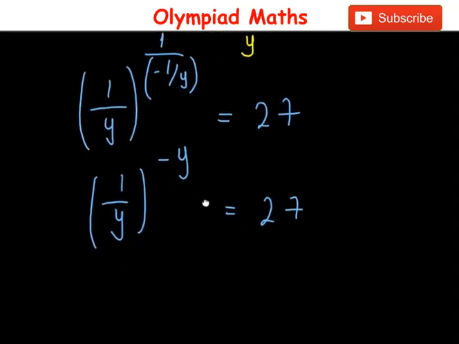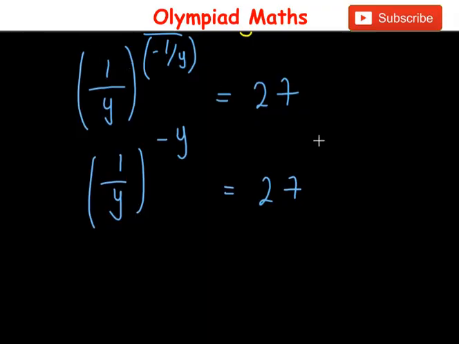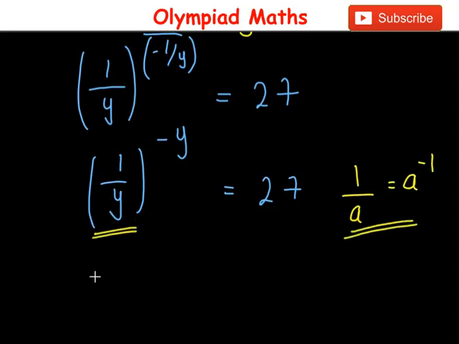What we are going to do is apply this rule of indices, that if you have 1 over a, this equals a raised to power minus 1. Applying this rule, this becomes in brackets y raised to power minus 1, all raised to power minus y. This equals 27.